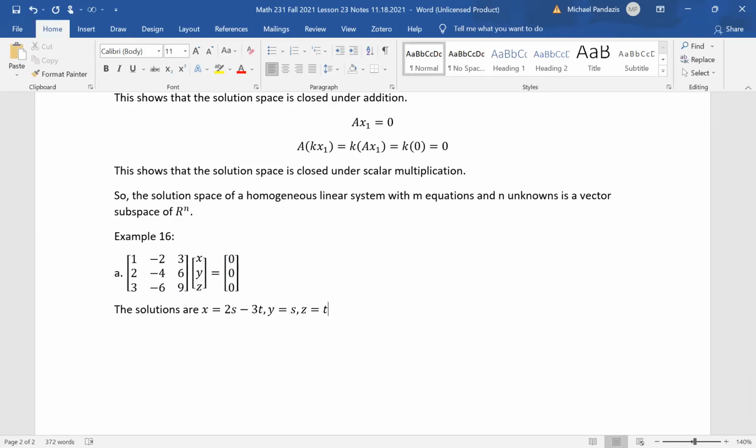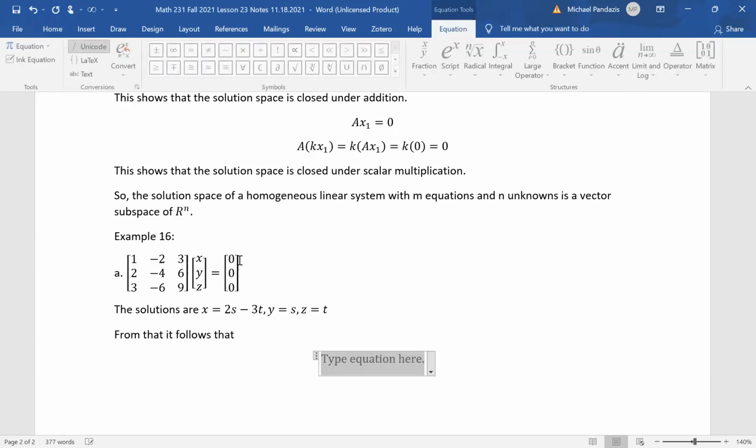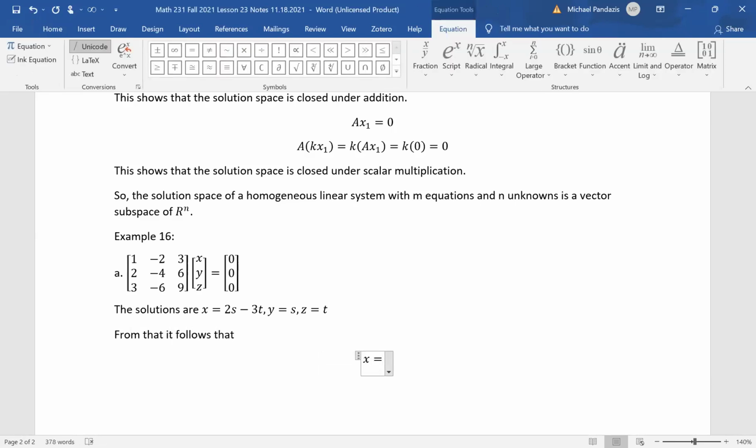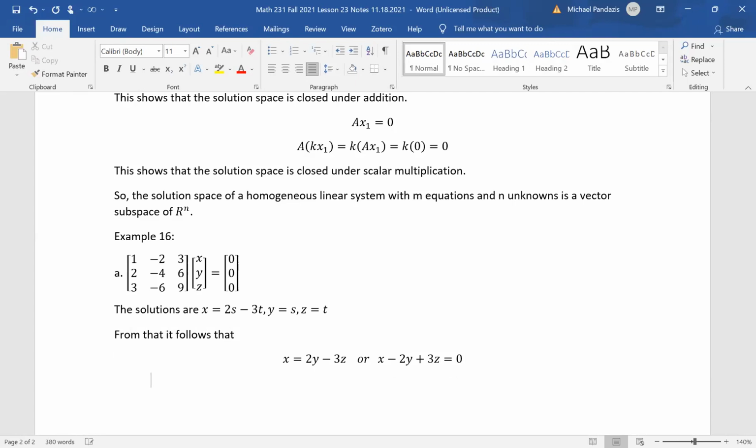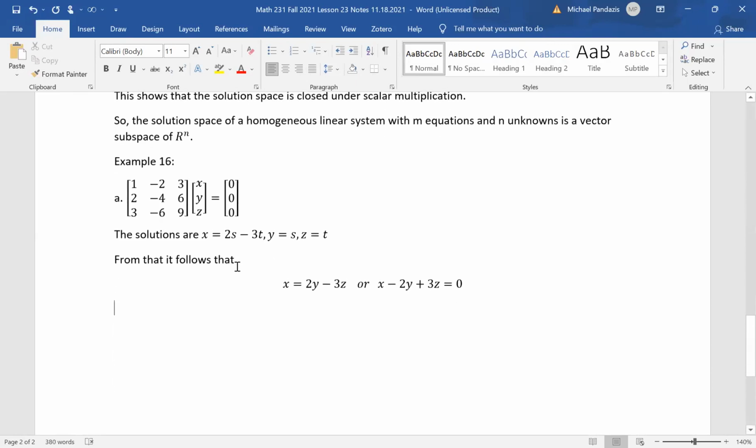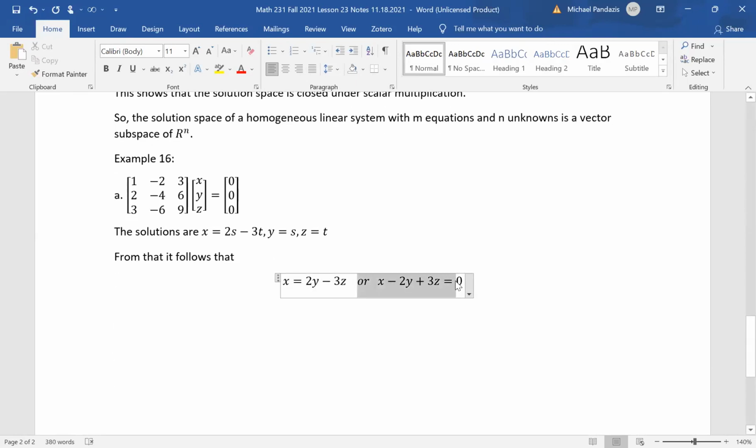From that, it follows that x equals 2y minus 3z, or that x minus 2y plus 3z equals 0. So we now have that equation.